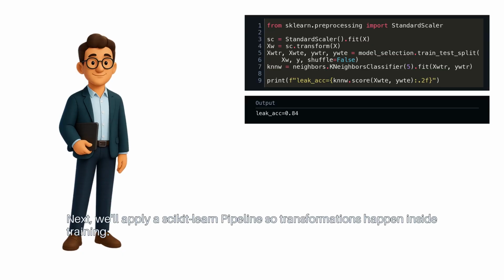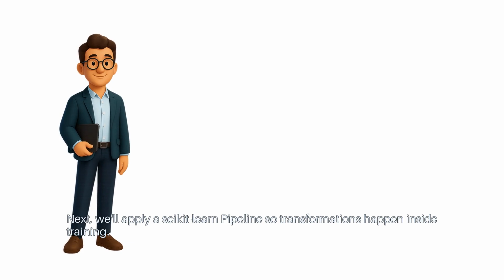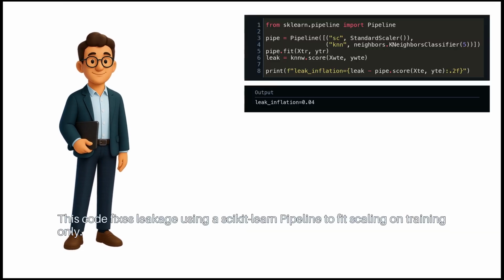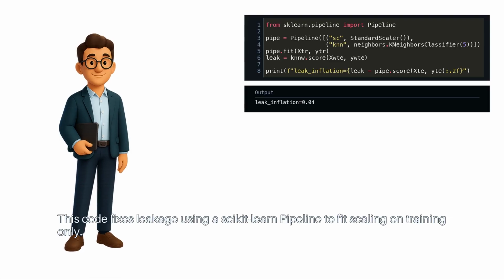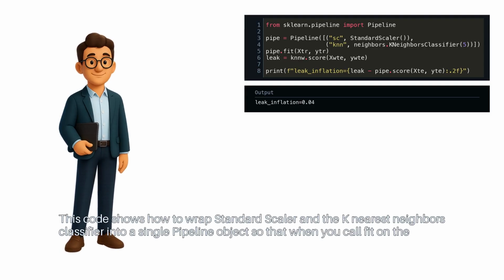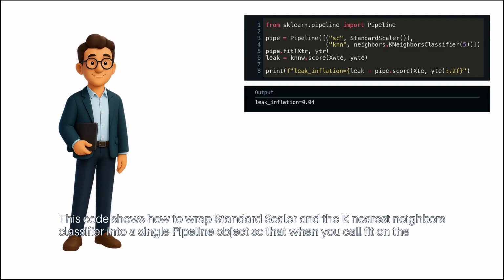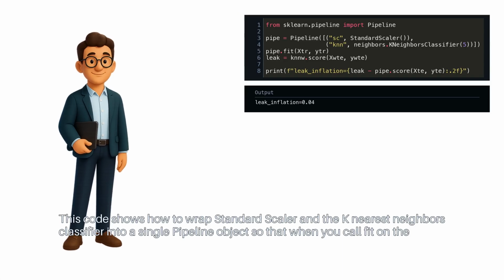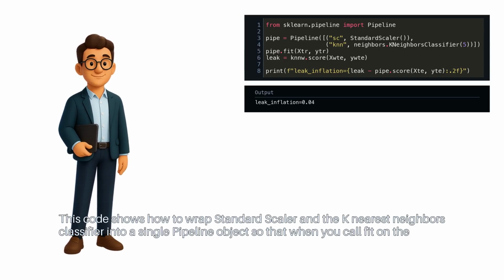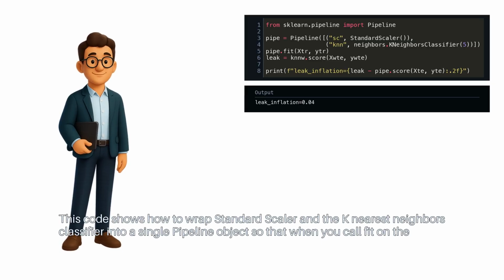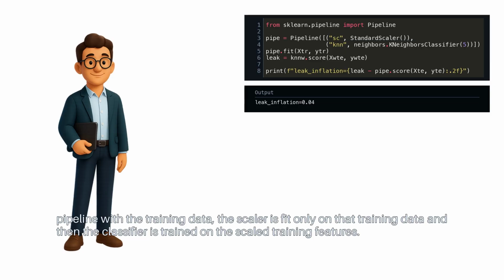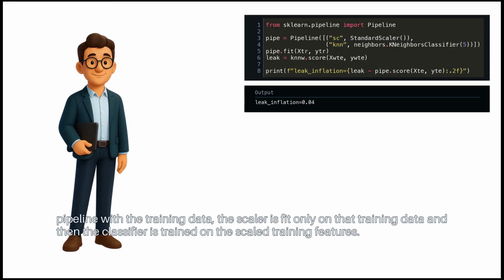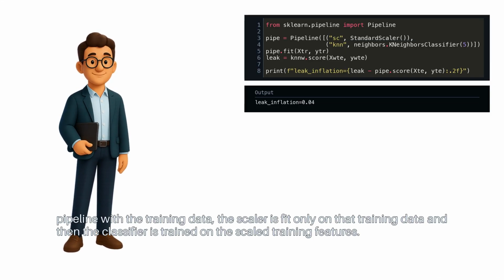Next, we'll apply a scikit-learn pipeline so transformations happen inside training. This code fixes leakage using a scikit-learn pipeline to fit scaling on training only. This code shows how to wrap StandardScaler and the KNeighborsClassifier into a single pipeline object so that when you call fit on the pipeline with the training data, the scaler is fit only on that training data, and then the classifier is trained on the scaled training features.